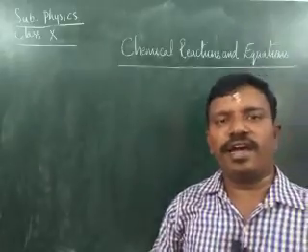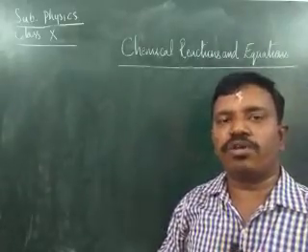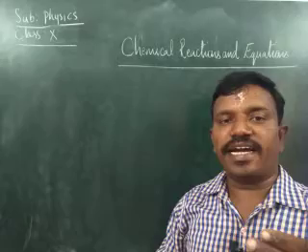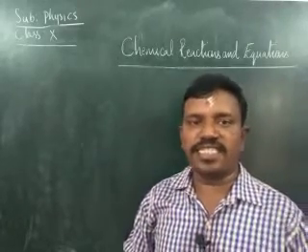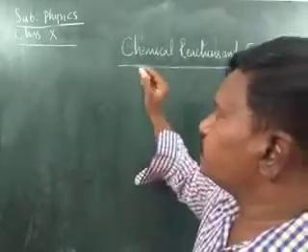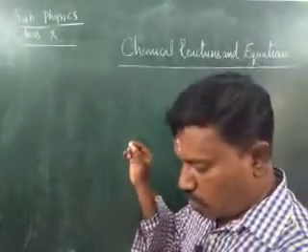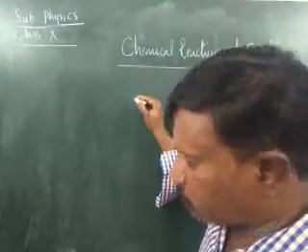To make the chemical equation more informative, normally we have certain characteristics. What are the characteristics that we have, children? Let us see the characteristics which are involved in making the chemical equation more informative.